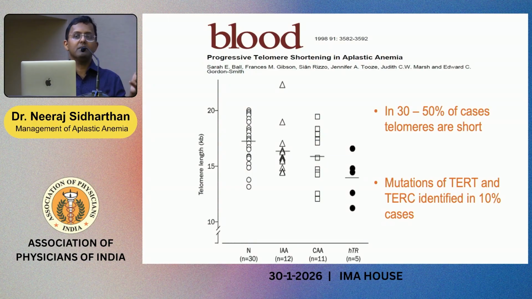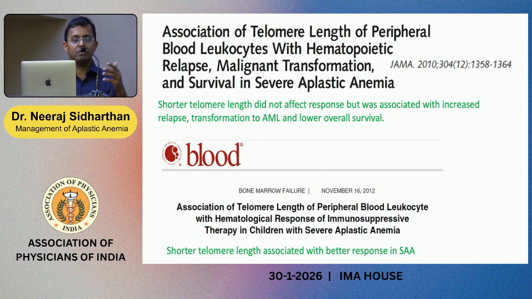So everybody in the family may not have the same disease, but anybody in the family with pulmonary fibrosis, or say liver fibrosis or cirrhosis, or a macrocytic anemia, I think that family history may help us in assuming that this may be a telomeropathy. And usually the telomeropathies are not as severe as the immune-mediated aplastic anemia. So that's one of the other different ways by which we could think about it.